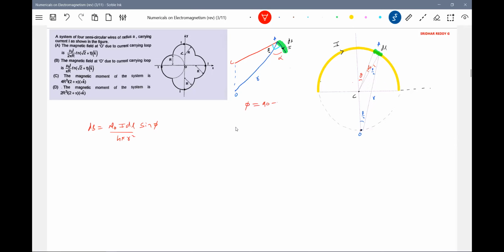Phi should be equal to 90 minus, or pi by 2 minus, theta by 2. Let's substitute this. I think the problem is over. What is small r? Small r should be equal to 2R cos theta by 2. And dl is the arc length.